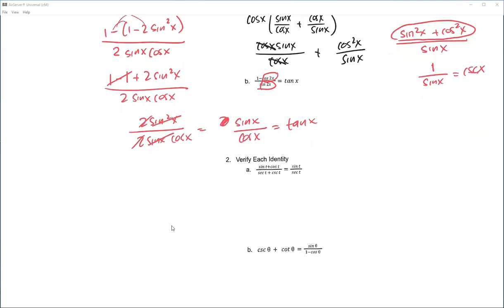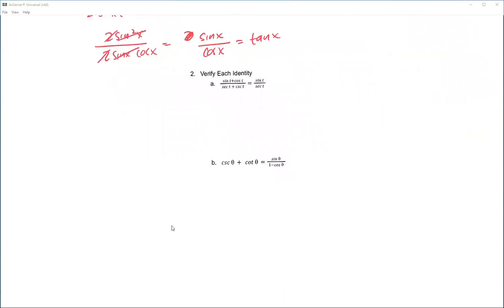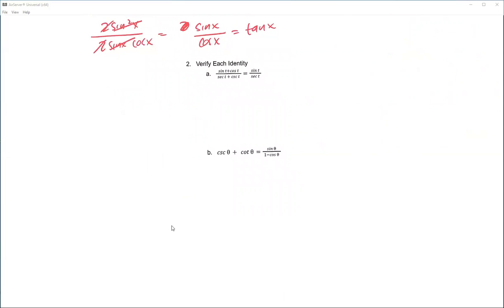Number 2a, it's sine t plus cosine t over secant t plus cosecant t. So it will be sine t plus cosine t all over 1 over cosine t plus 1 over sine t. This is equal to sine t plus cosine t all over, this is what?